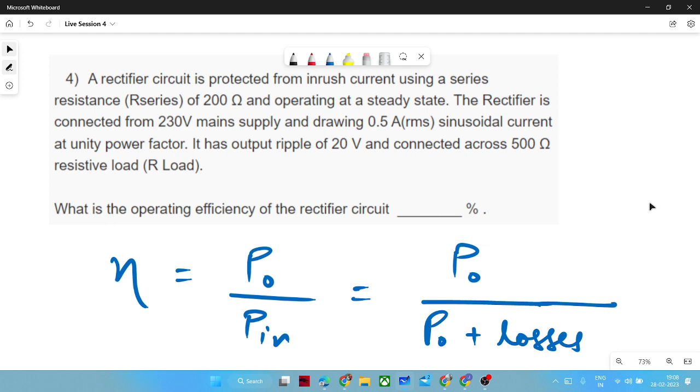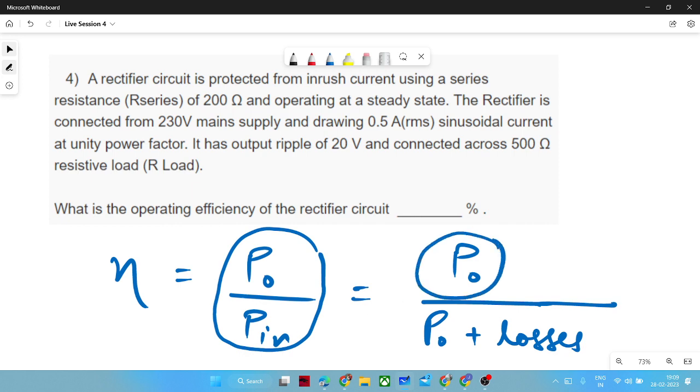You try to identify it on your own and see the difference between both problems. So you compute efficiency with both. You can easily compute it directly as P naught and P in, and indirectly as P naught divided by P naught plus losses, where losses will be I RMS square into R, right? So you compute and verify it.